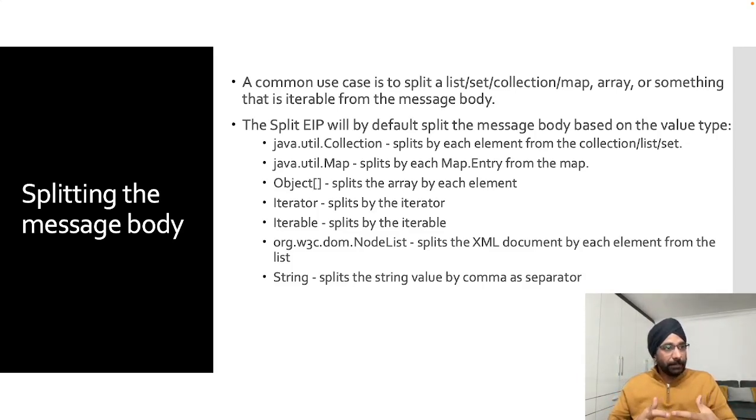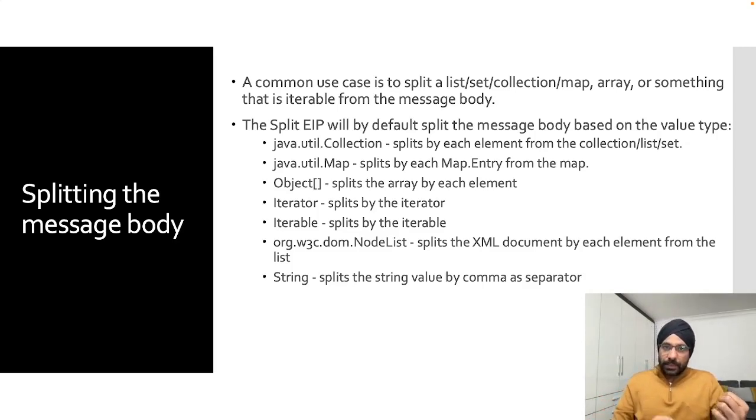The split EIP will by default split the message body based on the value type. It could be a collection, a map, an object array, any iterator, or anything iterable. Or it can be a node list, which splits the XML document into each element from the list. And last but not least, a simple string.